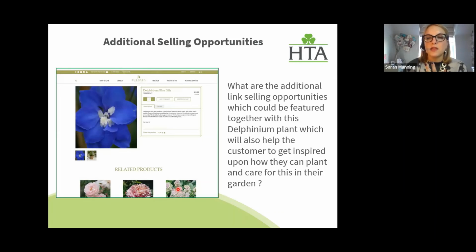It could be gardening equipment, accessories, gloves, anything that you feel is part and parcel of that whole product. But I think just some more information about how you can actually care for that product on that page could be in line with how we're merchandising and how we're implementing that in the garden centre as well.